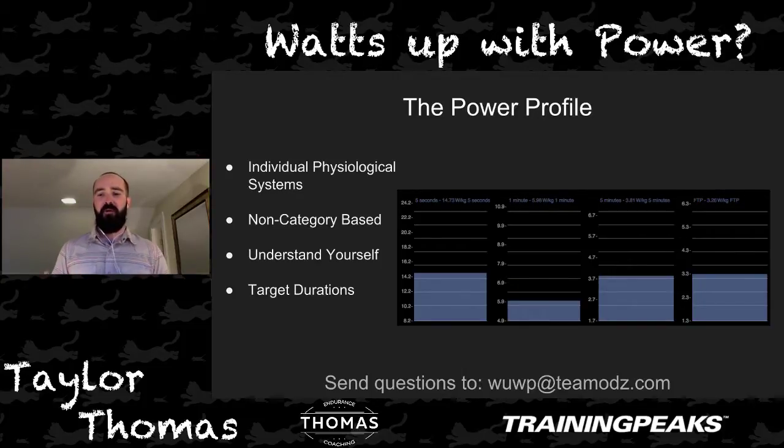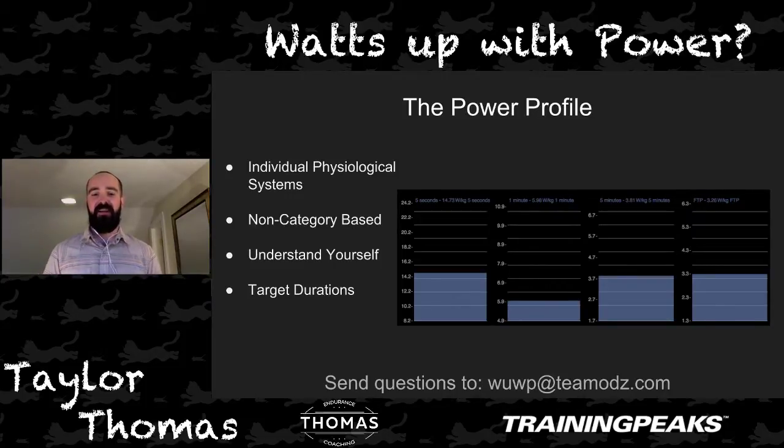Now, as we know, with power-based data, all of our training, all the information that we receive from our power meter is hyper individualized, and so that's the way that we want to look at determining our strengths and weaknesses. So instead of saying this is what's common for a Cat 3 road racer, we want to say what's the best performance for me as a rider, and not compare that to another rider or standards within a particular category.